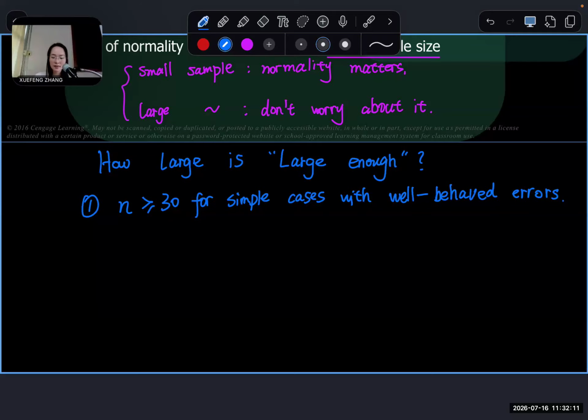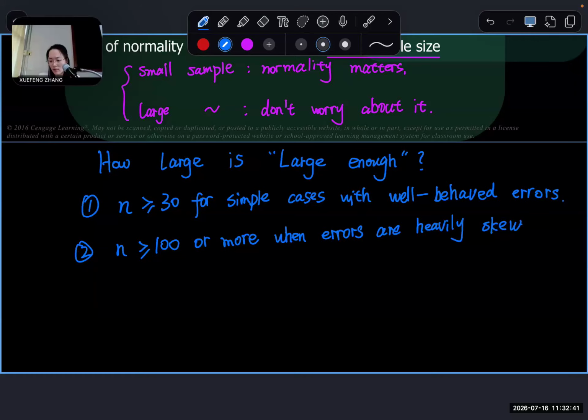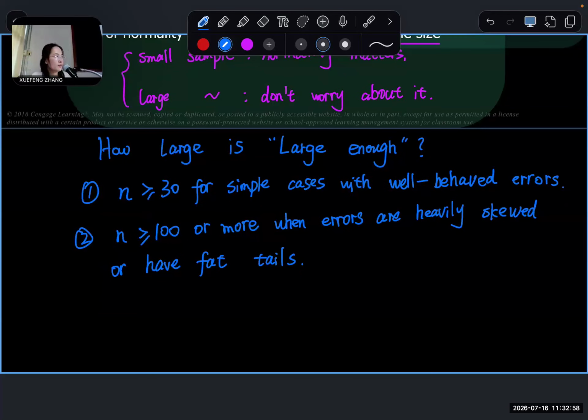How we define that. Next one, if your n is greater than 100 or more, when errors are heavily skewed, or the errors have a fat tail, think about finance, okay?